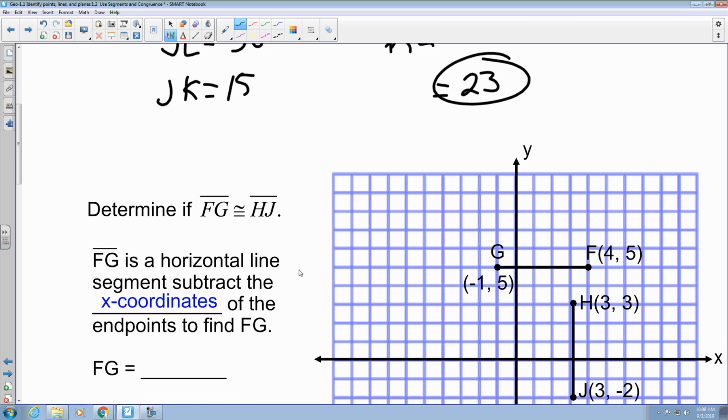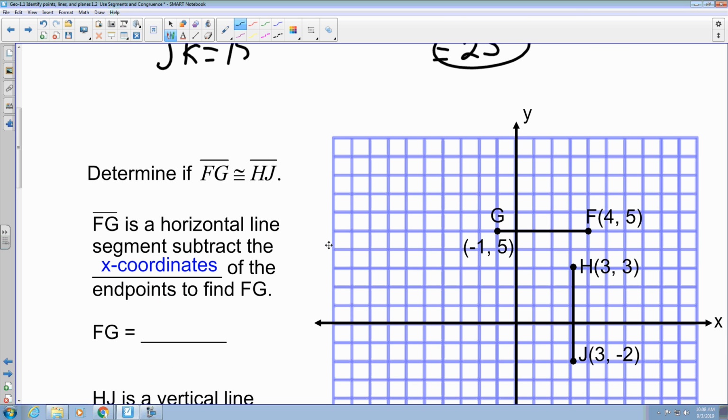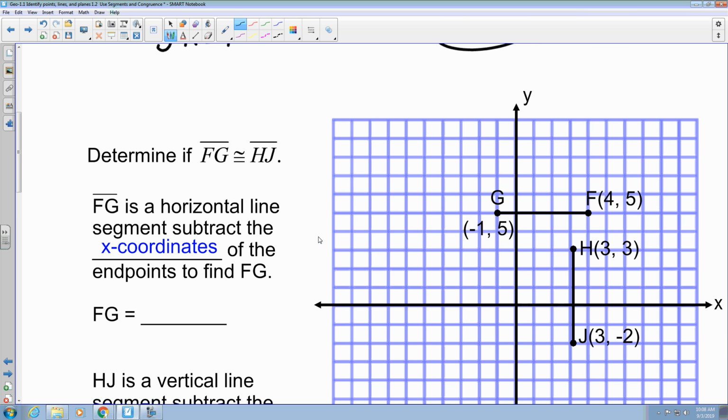All right. In some instances you may be asked what the distance is on a coordinate plane. Sometimes they're asking you to determine something, like in this case, they want you to determine if line segment FG is congruent to line segment HJ. If you look here, FG is a horizontal line going from left to right.